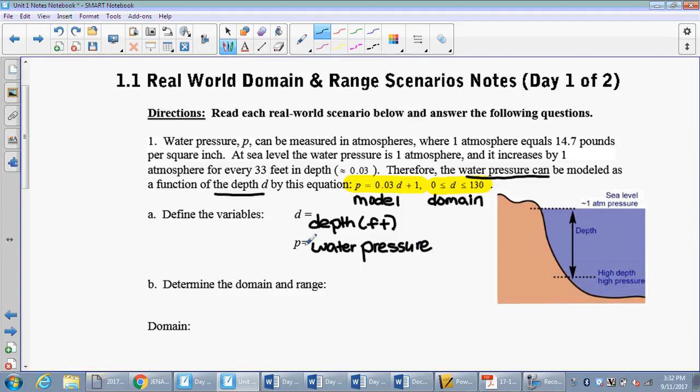We make a connection, P for pressure. And that pressure is pounds per square inch. You can either write out square inch or just put inches squared.